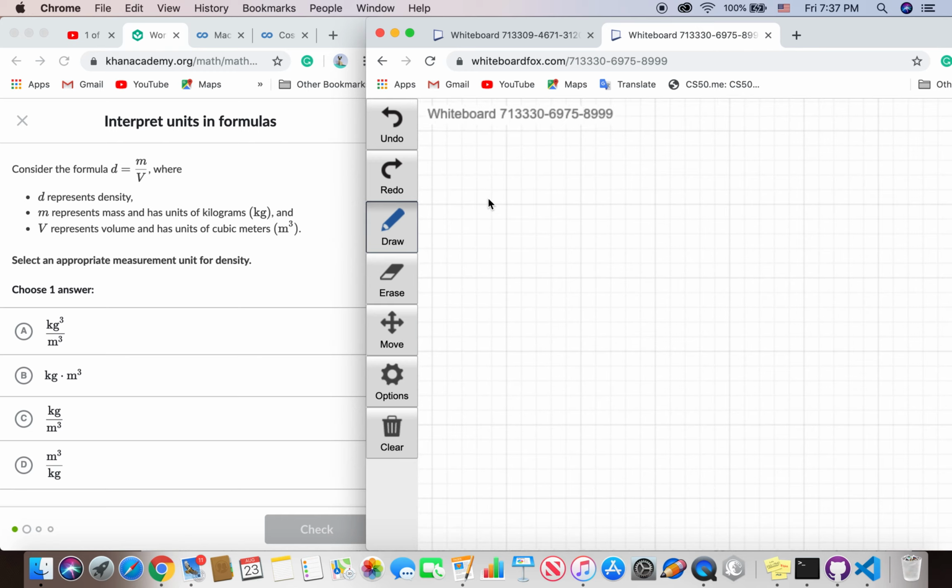It asks us how to represent this. Let's take a look. What does D mean? D means density, so density is right here. And what is density equal to?